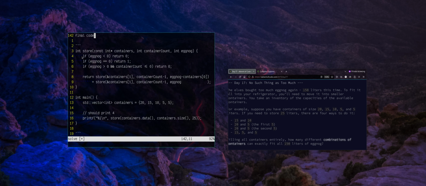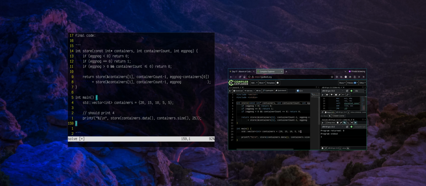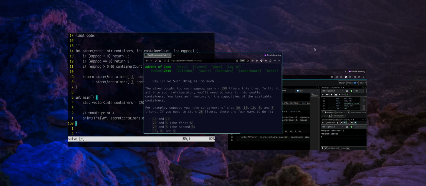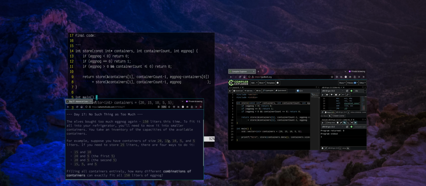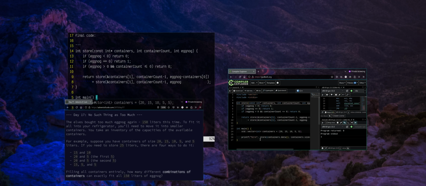Anyway, so the final code I have right here, and it's in this other tab. And basically it's the scenario from this, right? Where we have 20, 15, 10, 5, and 5, and we're trying to distribute 25 in there, right?